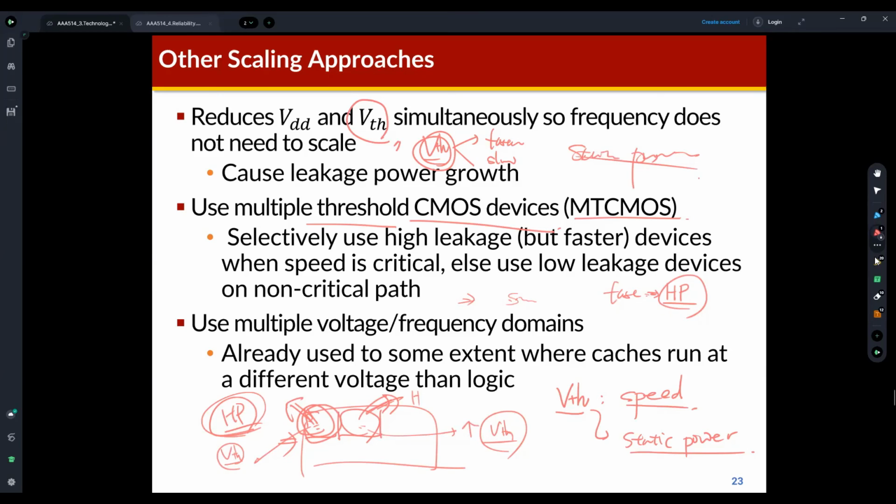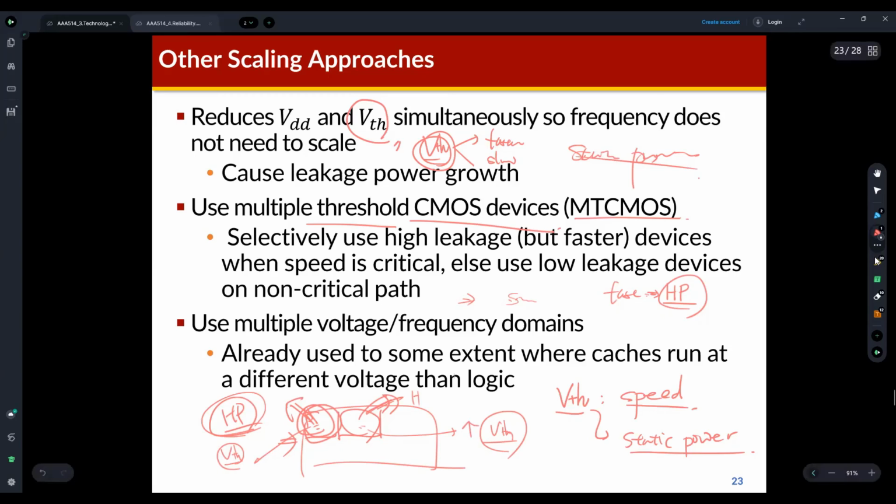Which means the entire processor chip may have different domains regarding the supply voltage, working frequency, and threshold voltage level, based on the demanded performance.